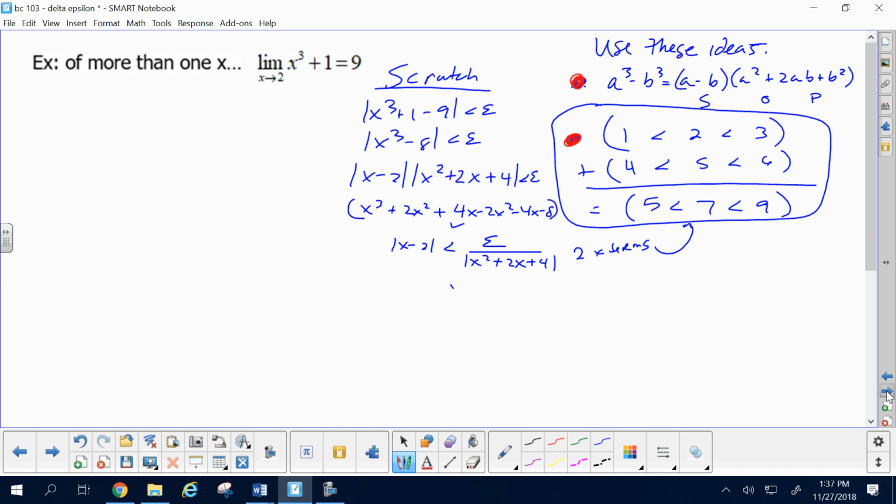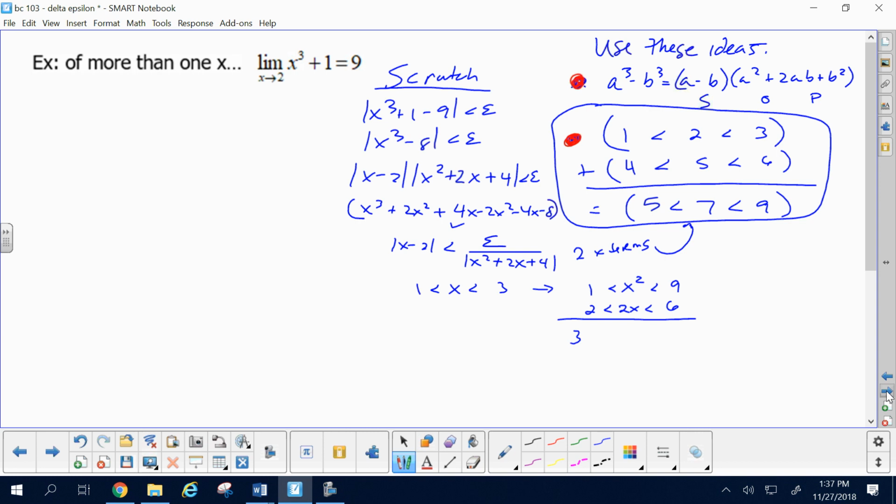Assume that x is within a unit on either side of 2. So x is between 1 and 3, right? Now that would imply two things. First of all, that x squared would be between 1 and 9, and that 2x would be between 2 and 6.